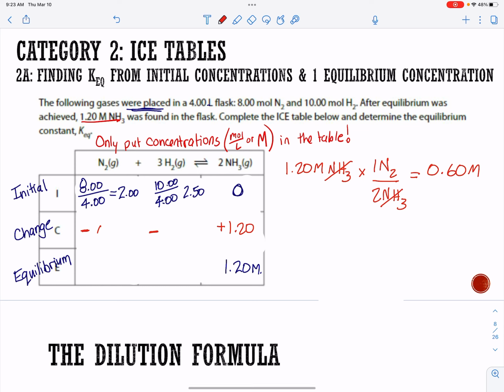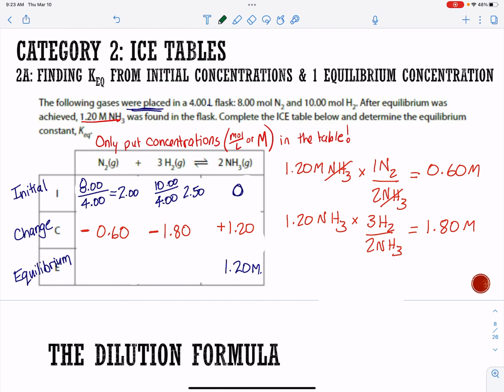So that's going to go down by 0.60. We can do the same sort of thing with the hydrogen. I can start with either one. I'm going to start with the NH3. And I've got 3 H2 being used up for every 2 NH3 that are being produced. And I get 1.8. So that's going down by 1.80.